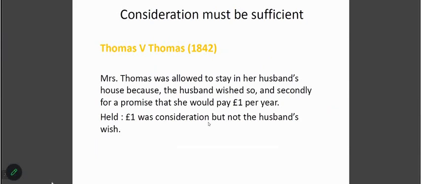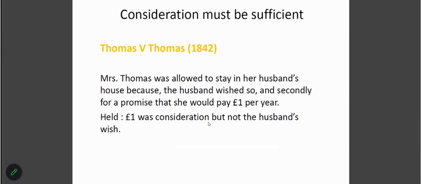Thomas versus Thomas. Mrs. Thomas was allowed to stay in her husband's house, and secondly, for a promise that she will pay £1 per year.